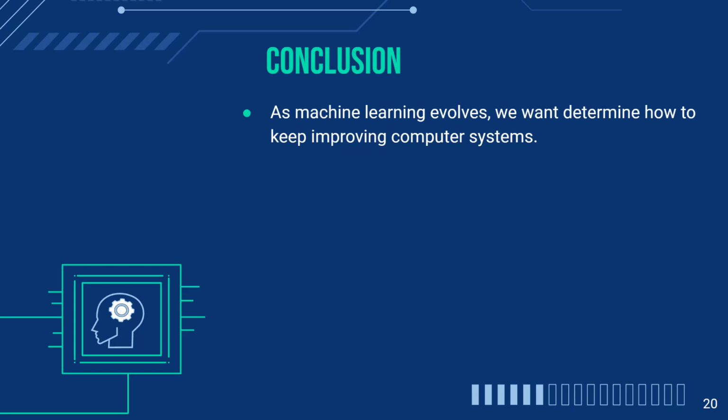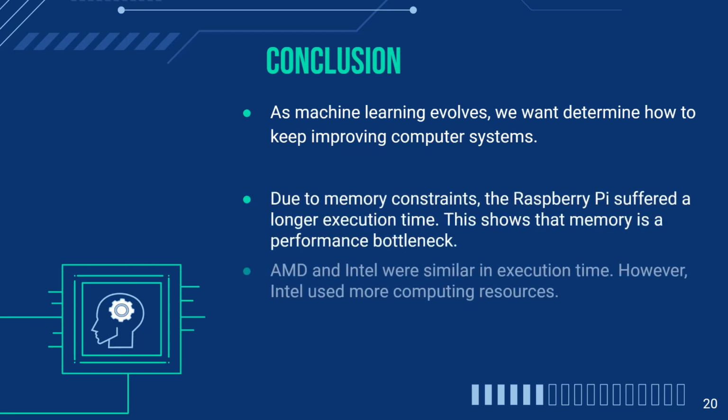So it's important for these machines to keep improving as well. And in our research, we found that memory is a huge performance bottleneck. For example, the Raspberry Pi did suffer a longer execution time because of its memory constraints. So it's something that's very important for this type of field to run the algorithms.